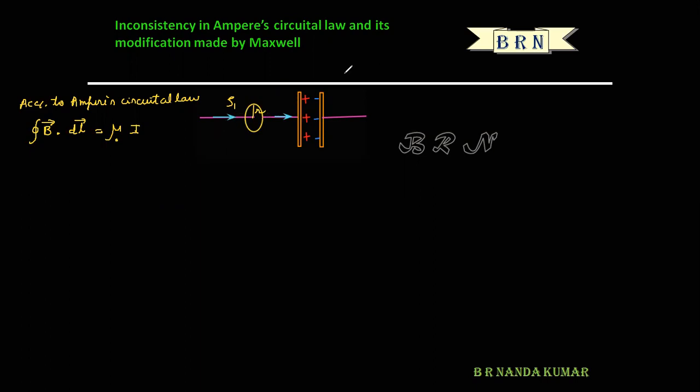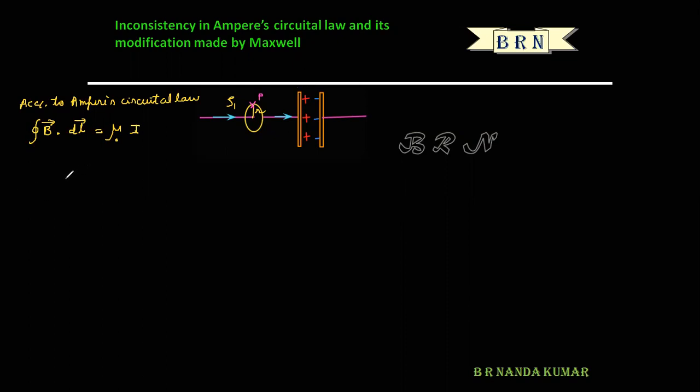Now let us consider an observation point P here. At that point, we have to calculate the magnetic field due to the current in the wire.